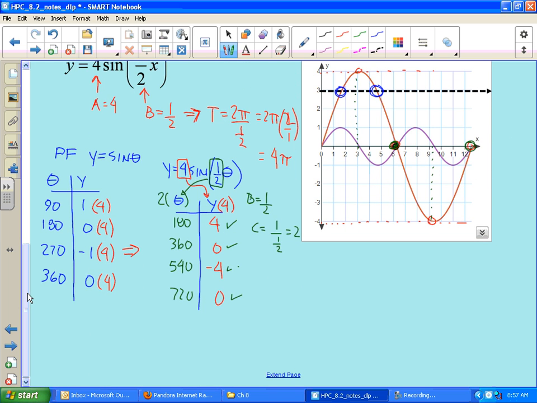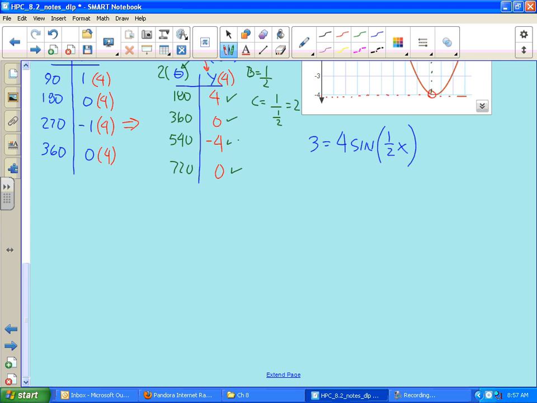If I knew that 3 now is equal to 4 sine of 1/2 x, then we can go ahead and find our answers. So we're going to divide by 4. We're going to get 3/4 is equal to sine of 1/2 x.